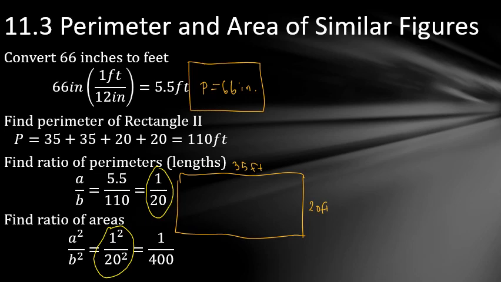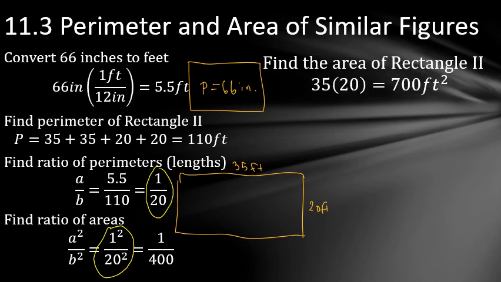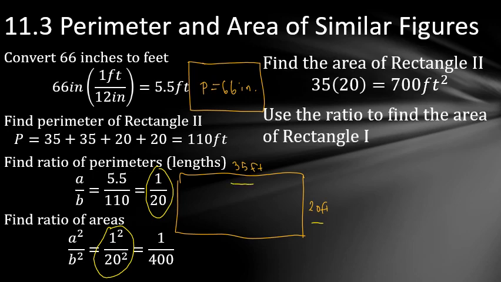Now that I know the ratio of my areas, I can actually find the area of rectangle 1. The area of rectangle 2 would just be base times height, 20 by 35, which is 700 square feet. Now I can write a proportion. This was my areas.